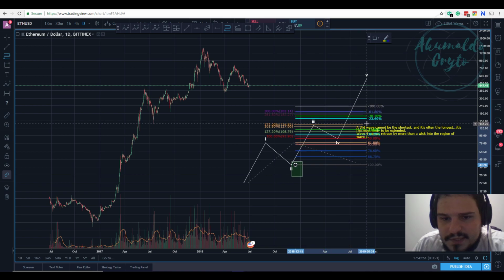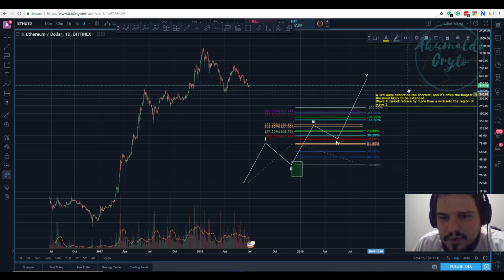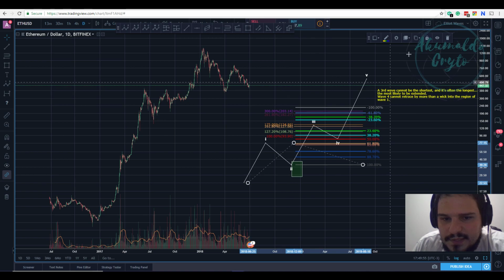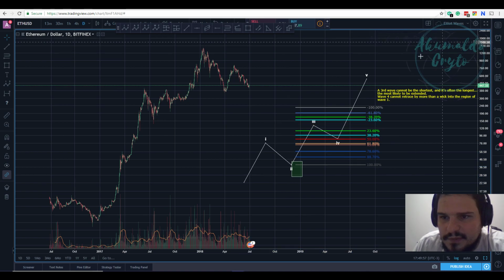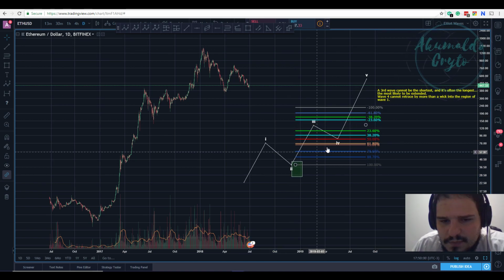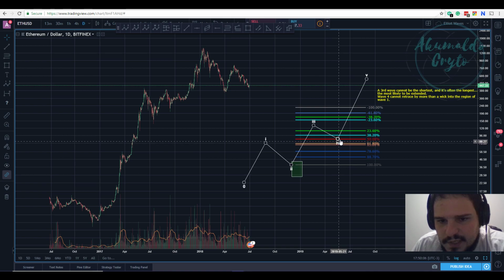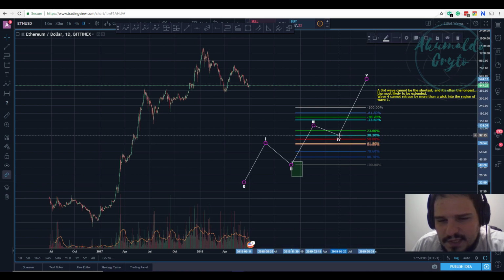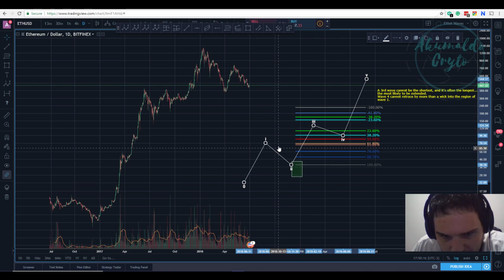What is the common spot for wave 4 to correct? 50%, 38.2%. We see that wave 4 is often flatter. It's not as sharp as wave 2, but flatter.